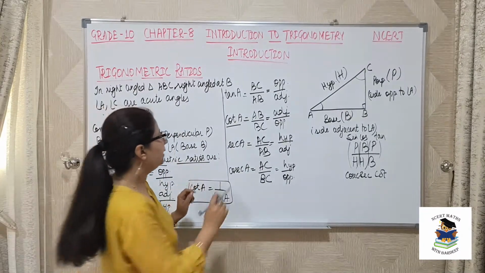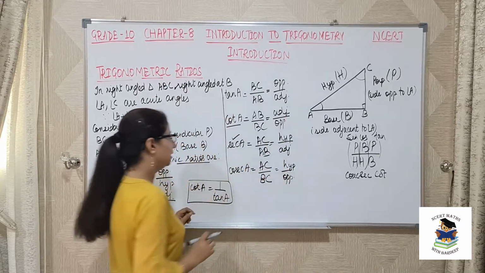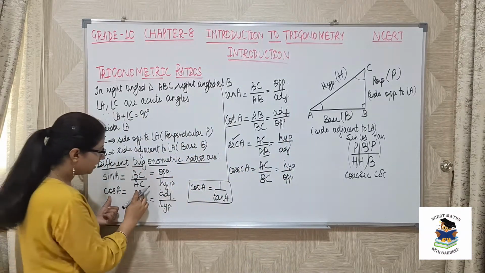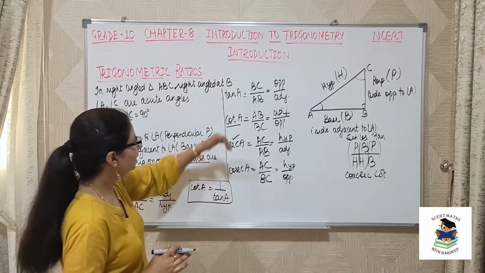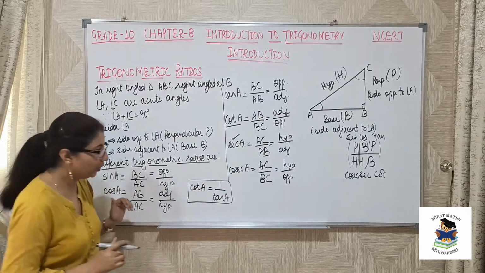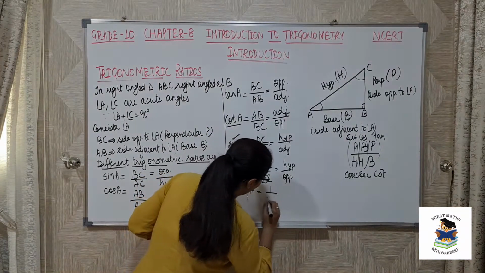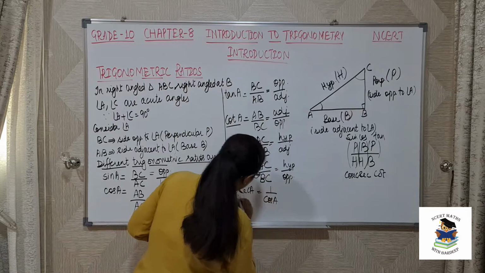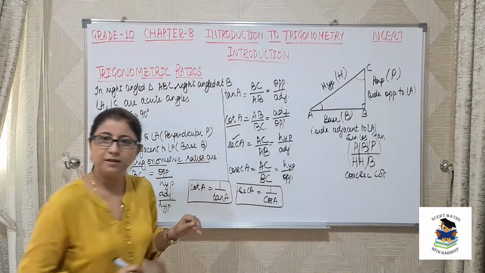Okay. Second is secant. Secant is AC over AB. Now let's see cos. This is AB over AC. Same values but reciprocal of each other. So secant A is reciprocal of cos A. So we can write secant A is always 1 over cos A. Right?